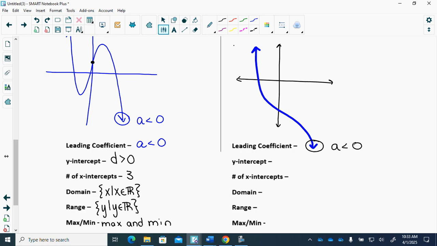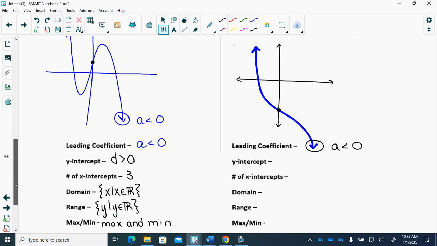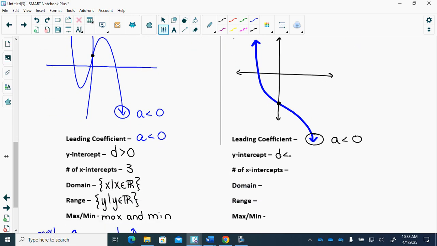What can you tell me about the y-intercept? It's less than 0 because it's here, and the y-intercept of this equation is d, because the equation is a, b, c, d, right? So d is less than 0. How many x-intercepts does this one have? 1. Right here.